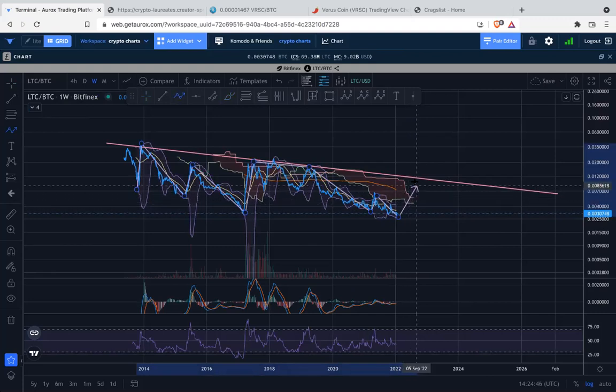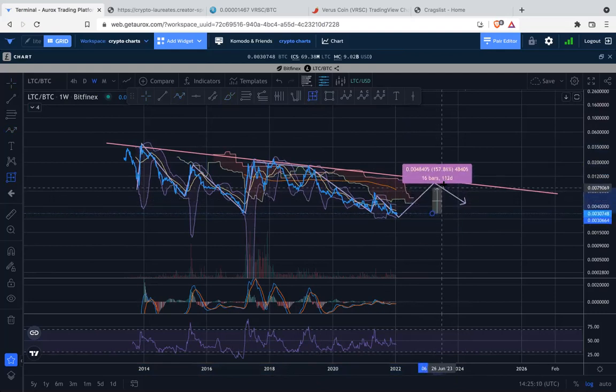How much of a turnaround? Well, I wonder when we're going to get one of these up moves that takes us towards a significant level like this downtrending resistance. Is that even possible at this time? And what would be the relative gain there? What would be the percentage gain?